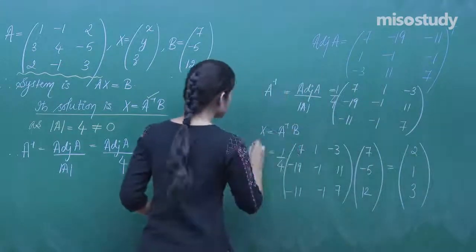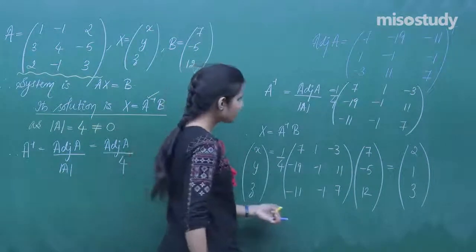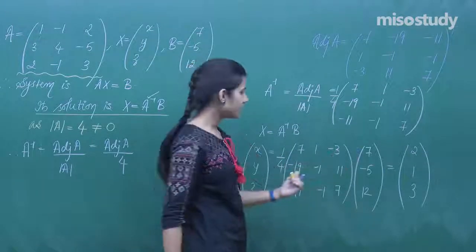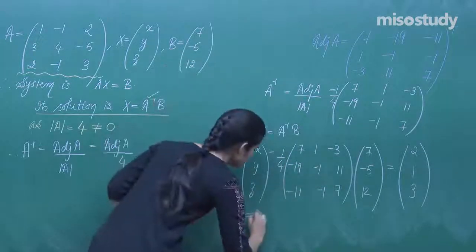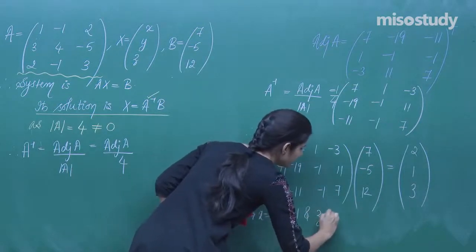If capital X is this, that means capital X was nothing but X, Y, Z. Both are 3 cross 1 matrices of the same order, so their corresponding entries are the same. This implies X is 2, Y is 1 and Z is 3.